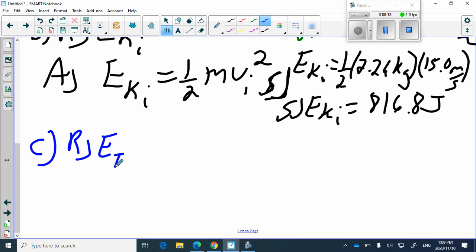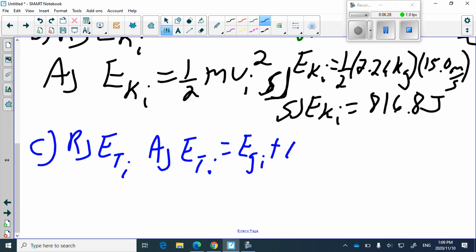Energy total where? In the initial situation. Analysis. Energy total initial is equal to gravitational potential energy initial plus kinetic energy initial. That's the definition of total mechanical energy.